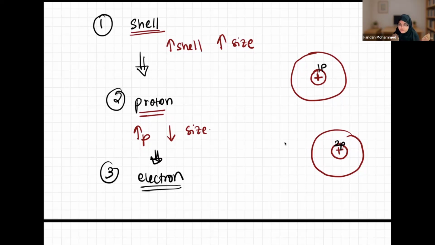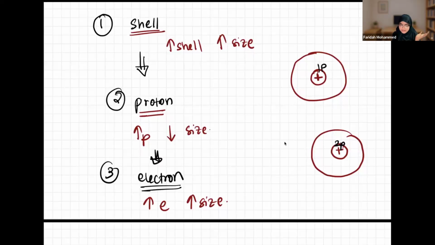If there's more repulsion around the shell, it's going to become bigger. They say, no, you go away. So a high number of electrons means a bigger size. So far makes sense? We're going to see some examples, don't worry.